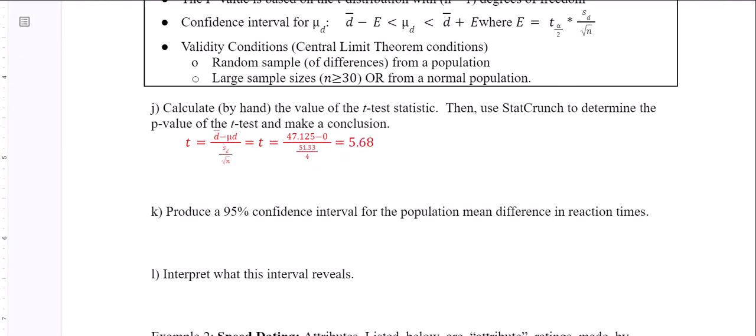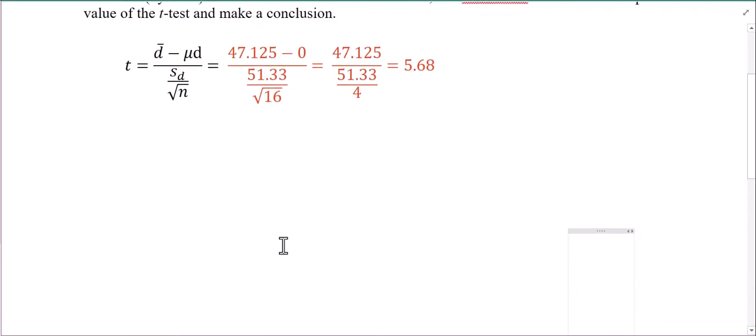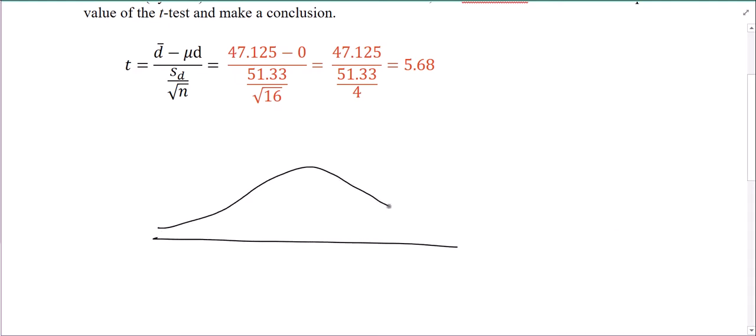But if we sketch the critical region, so just coming here to my notebook, and if we sketch the bell curve, we will see, we said that this was a right tail test, right? We remember the alternative hypothesis was that the mean of the differences was greater than 0.